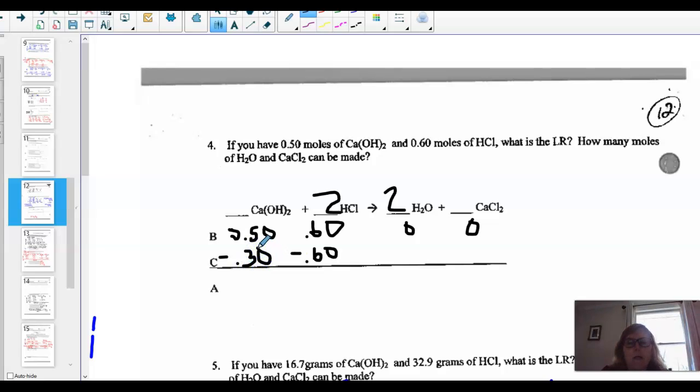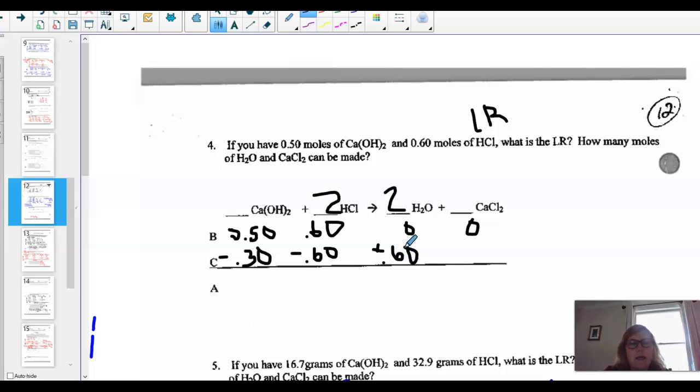Once you've determined that HCl is your limiting reactant, you're going to use your limiting reactant to determine everything else. So 0.6 divided by 2 multiplied by 2 still gives you 0.6, so I'm going to make 0.6 moles of water.